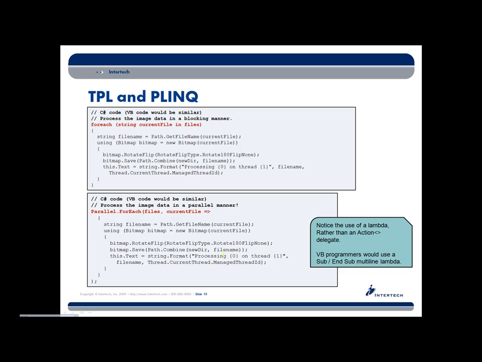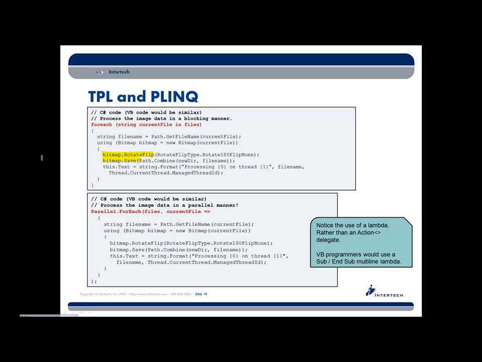What I'm doing in this code is looping through a collection of files on my hard drive. They're all bitmap files, or JPEGs, I think they were. And I'm going to do some fairly labor-intensive work on the image data. I'm going to rotate it, and then save it out to a new location on my hard drive.